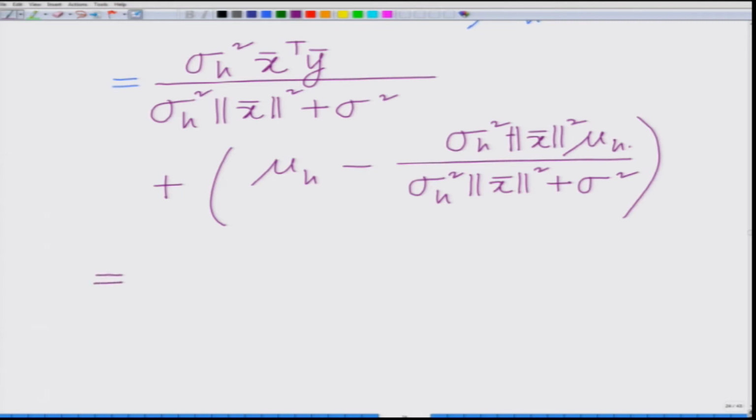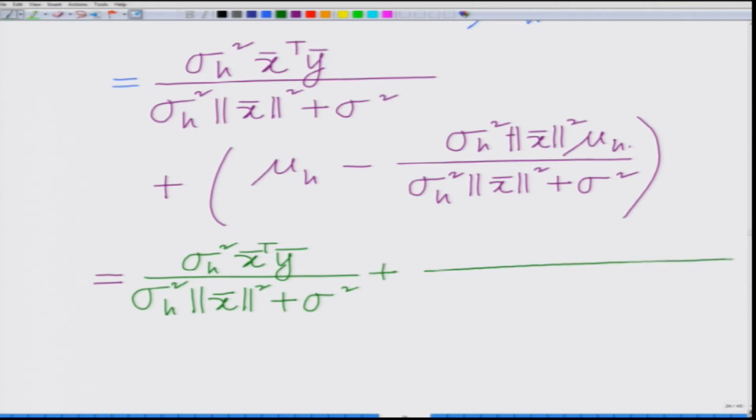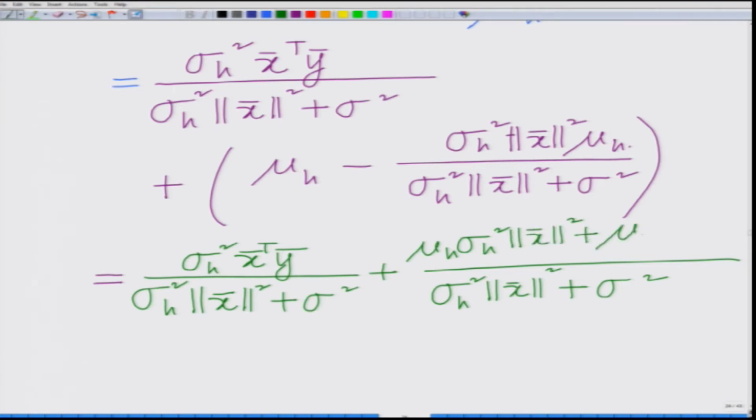What we have is sigma h square x bar transpose y bar divided by sigma h square norm x bar square plus sigma square, plus, divided by sigma h square norm x bar square plus sigma square, mu h into sigma h square norm x bar square plus mu h into sigma square minus mu h into sigma h square norm x bar square.